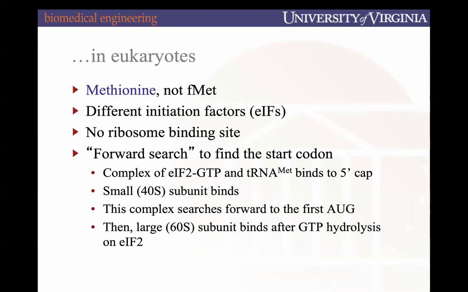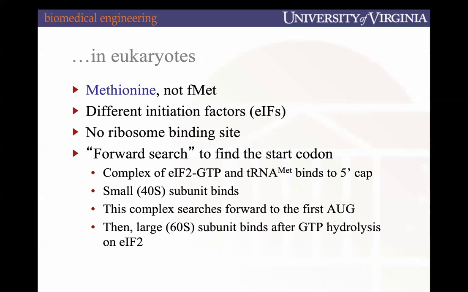This is going to be with the eukaryotic initiation factors, the transfer RNA methionine and the small subunit. And once we get to the start codon, that's when the hydrolysis of that GTP is going to enable the binding of the large subunit to the small.